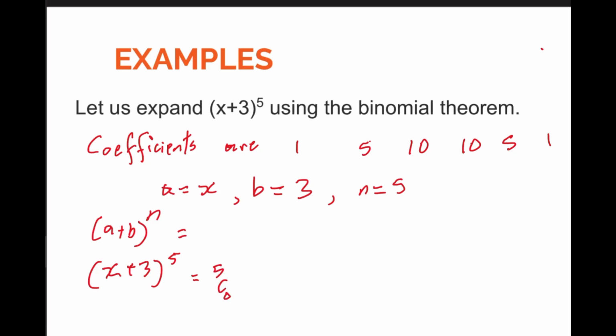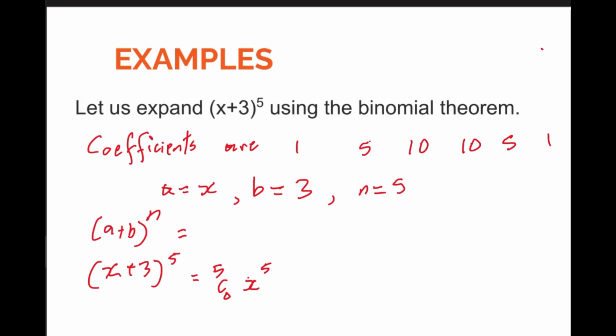We worked out these coefficients, so we're going to replace them, but we're just going to write them out. Remember, when we started, you go a to the n, so that would be x to the 5.